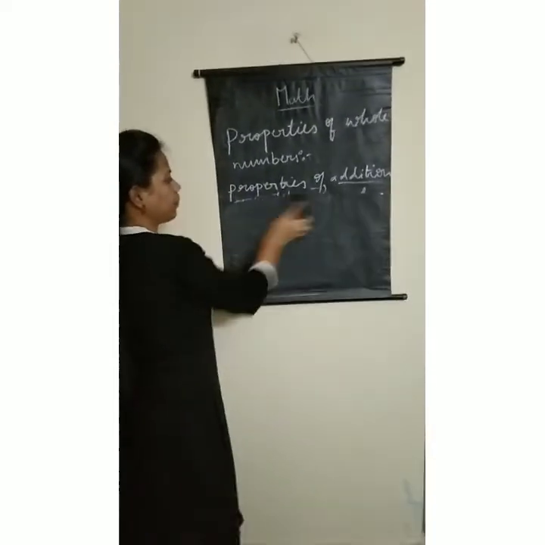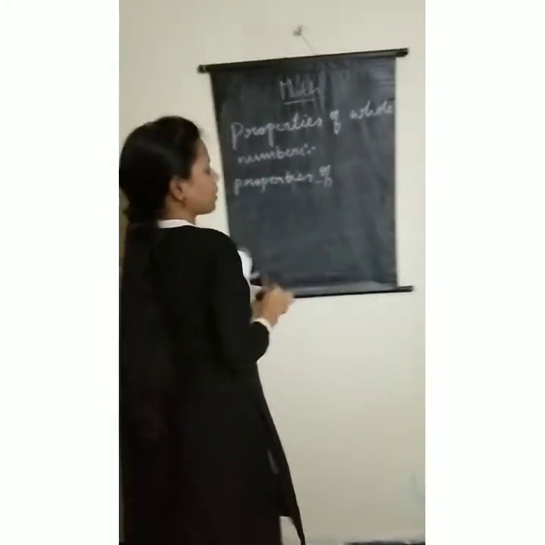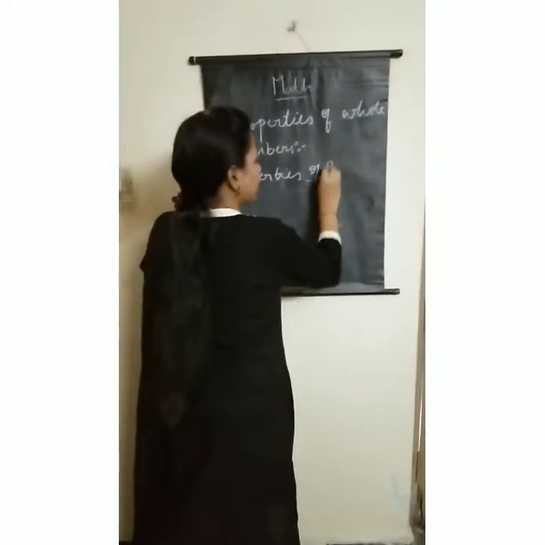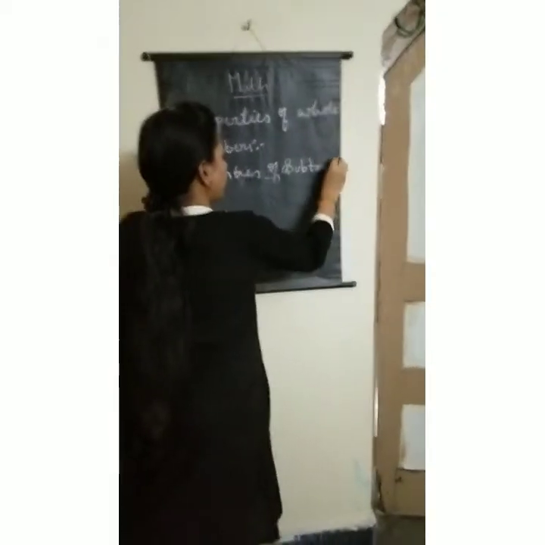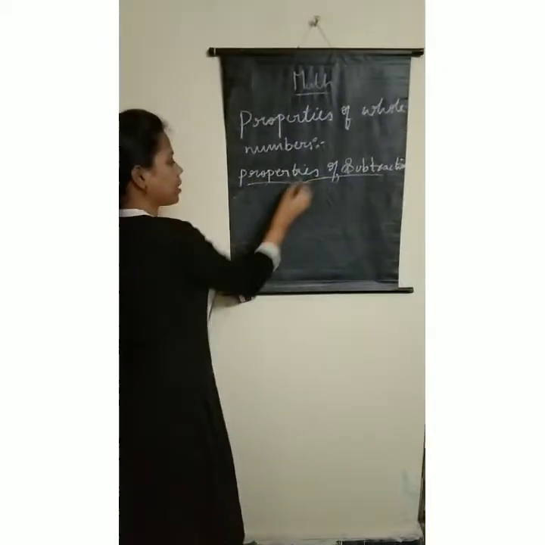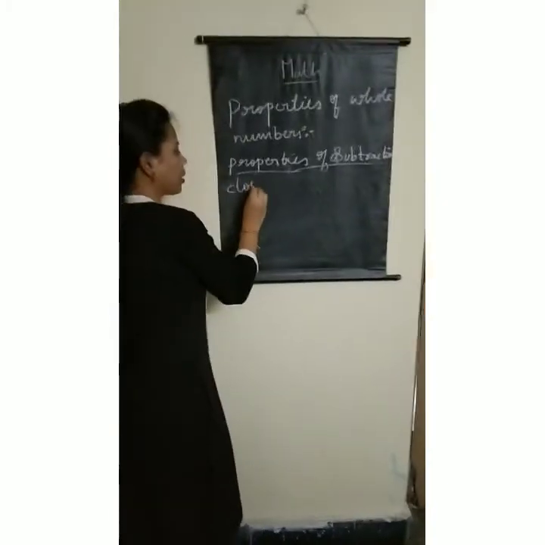Now we will see properties of subtraction. Under this, first we will see what is closure property.